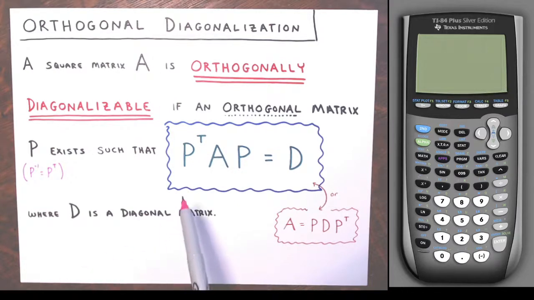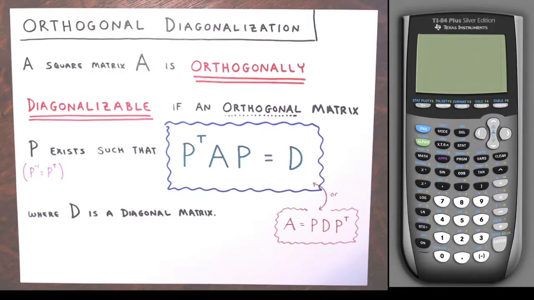The procedure for finding this matrix P that orthogonally diagonalizes A is pretty similar to how we regularly diagonalized a matrix in my video on diagonalization. We're going to find eigenvalues, then the eigenspaces corresponding to those eigenvalues, and bases for those eigenspaces.